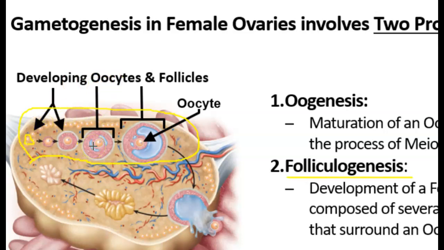As they go through the various stages, we'll see that they become surrounded by increasing numbers of cells. These are follicular cells, and collectively we call this structure that surrounds that yellow oocyte a follicle, made up of many different cells, but nonetheless we call it one thing, a follicle.